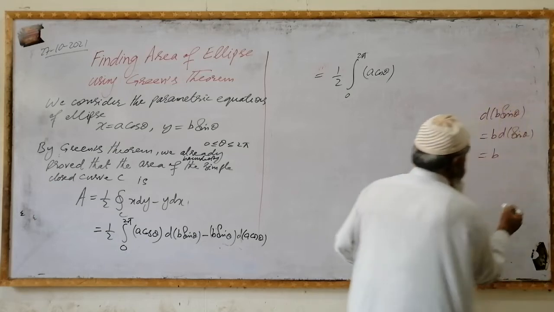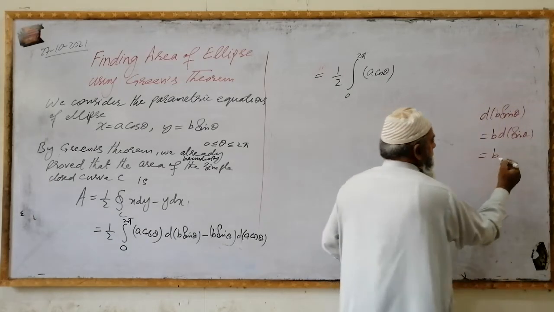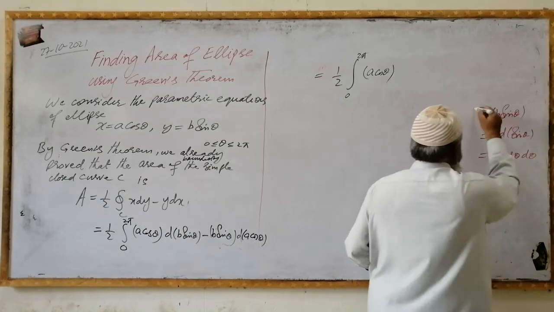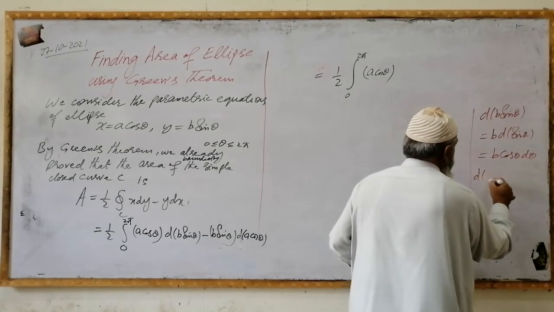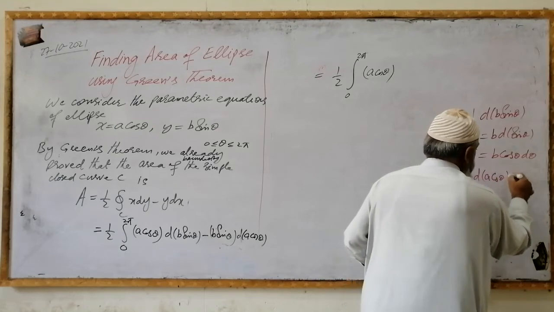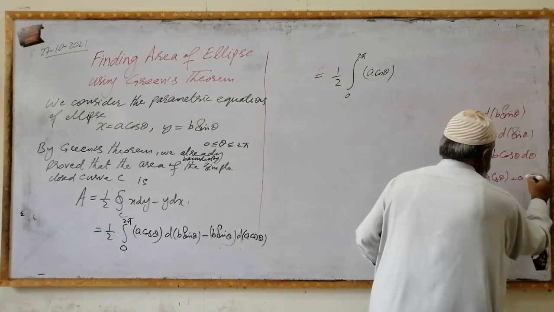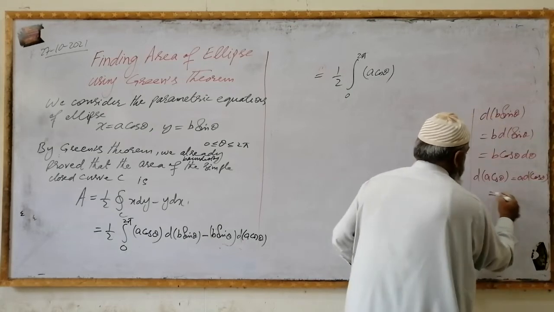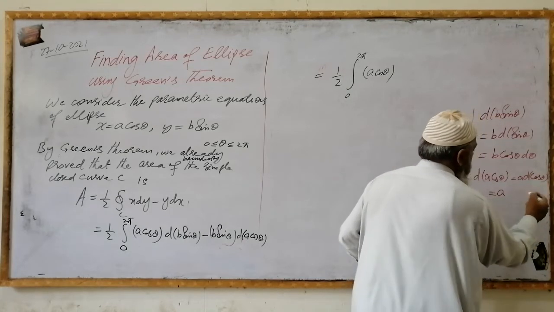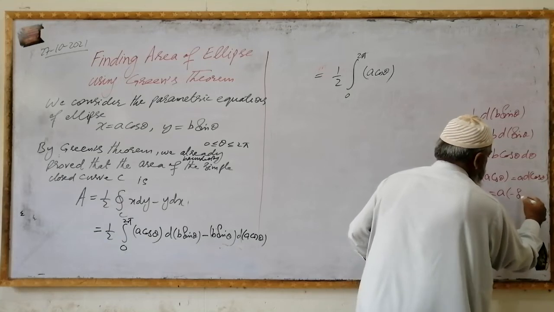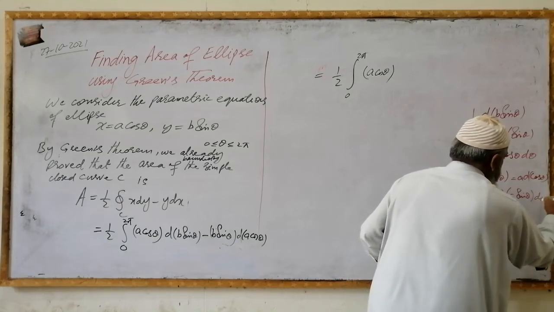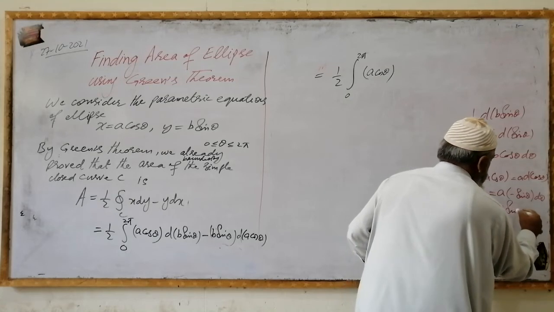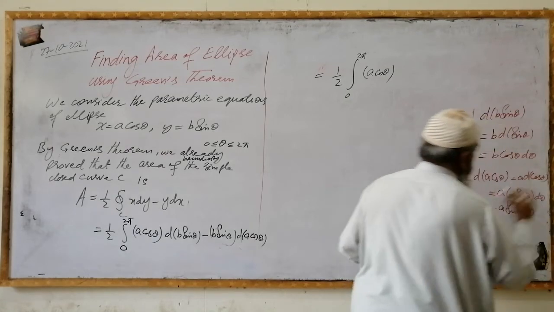What is the differential of sin theta? This will give you cos theta d theta. Likewise, differential of a cos theta will give you a times the differential of cos theta, and what is the differential of cos theta? Minus sin theta d theta, and ultimately you have minus a sin theta d theta.